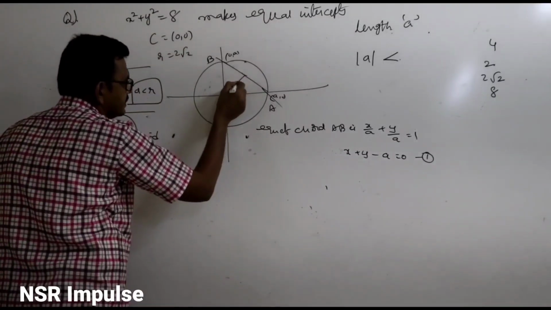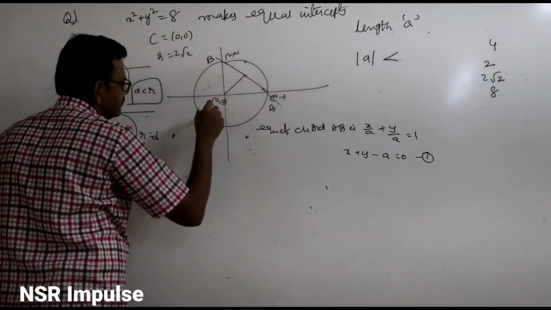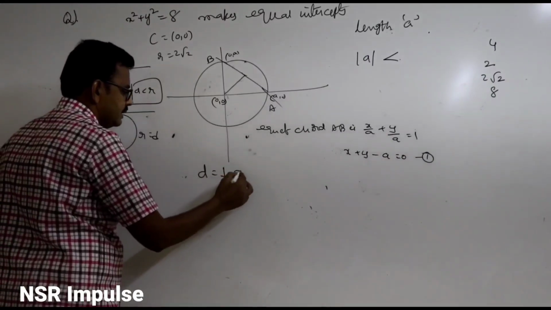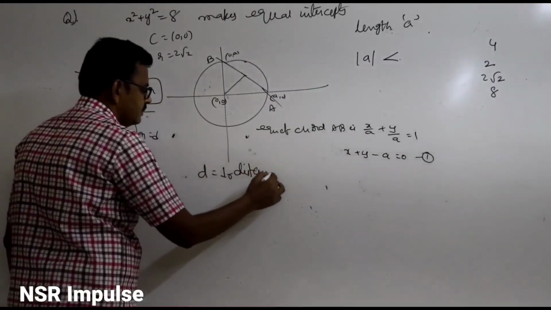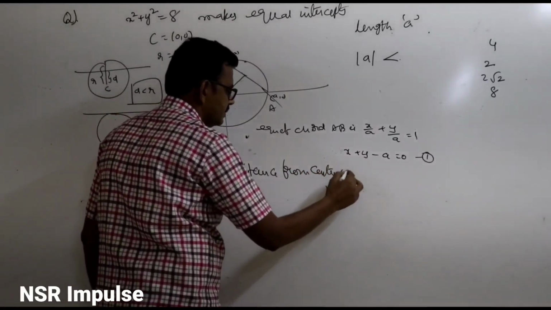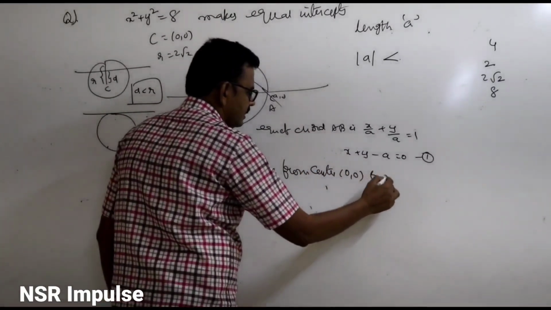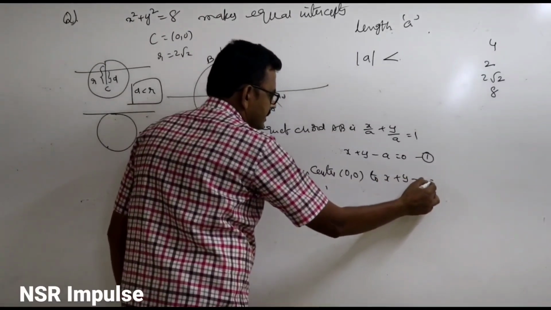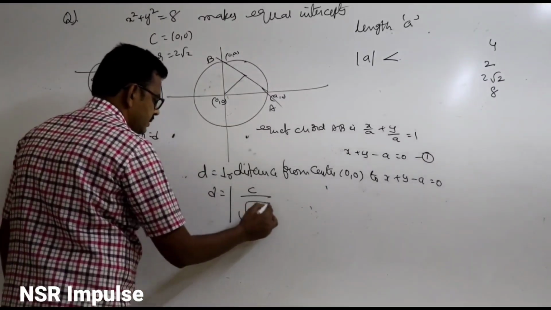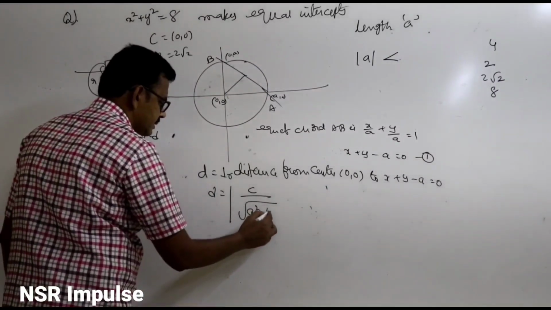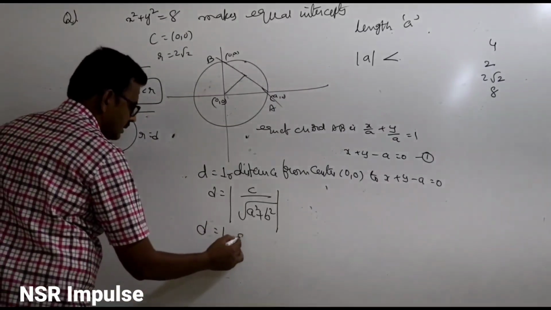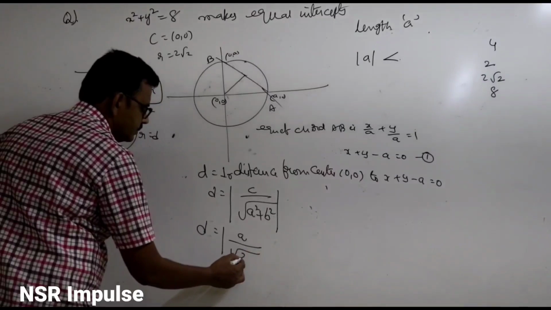And d is the perpendicular distance from the center 0 comma 0 to the line x plus y minus a equal to 0. That is d equal to mod c by root of a square plus b square, that is d equal to mod a by root 2.